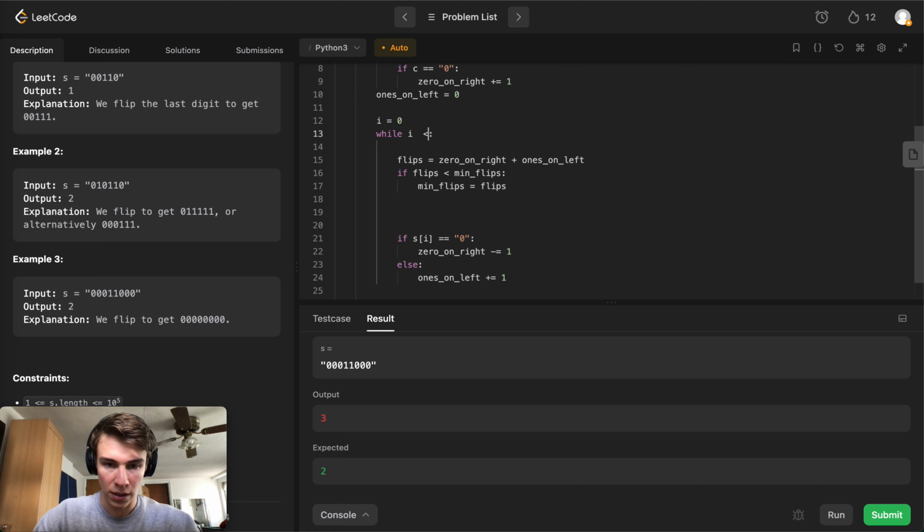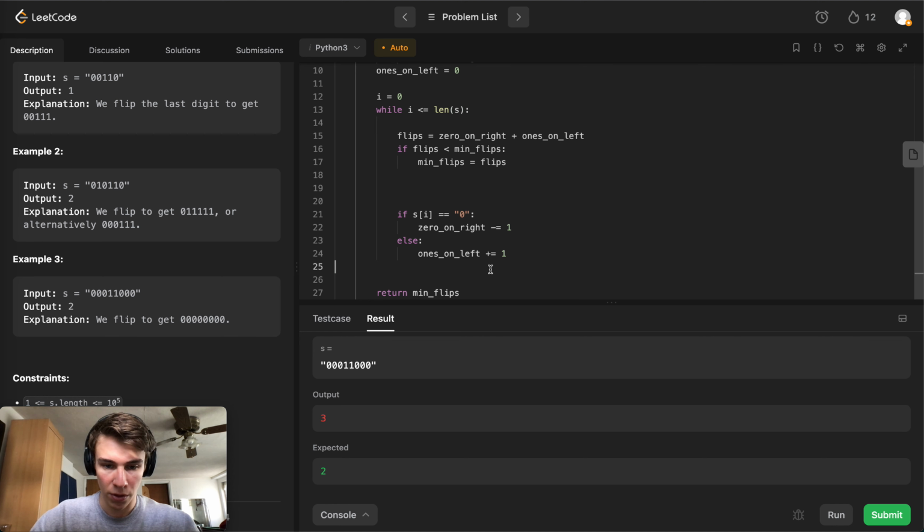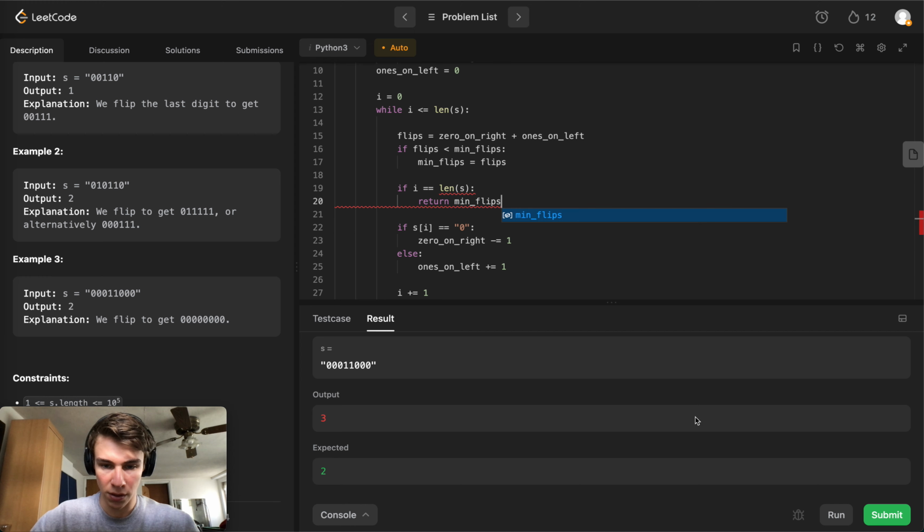While i is greater or equal to len s, and since the last flip that we're doing here, if i is equal to len of s, then return min flips.